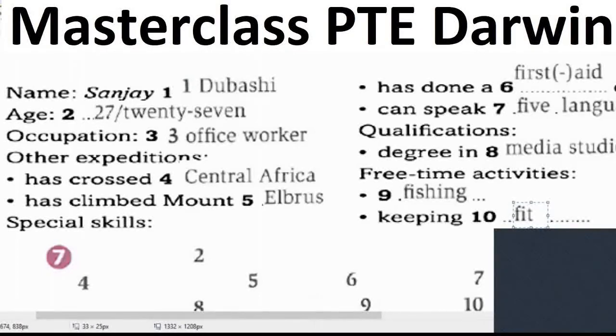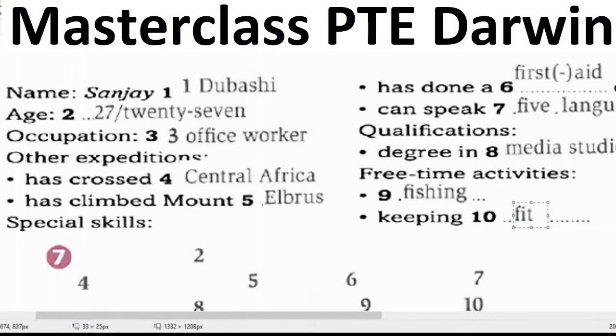No. We cannot change any other word. In the audio, whatever they are saying, we have to write exactly the same thing. We cannot paraphrase or use our own words. So they are saying keeping fit.